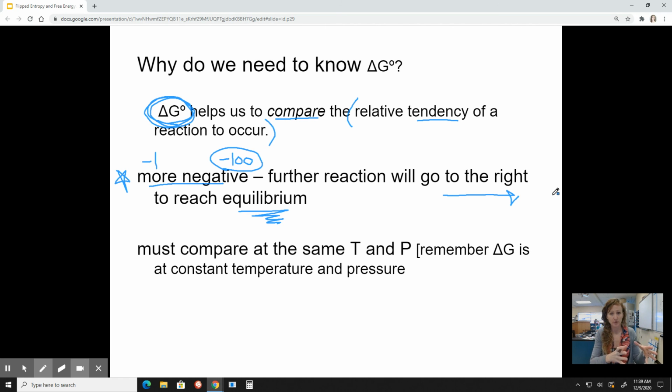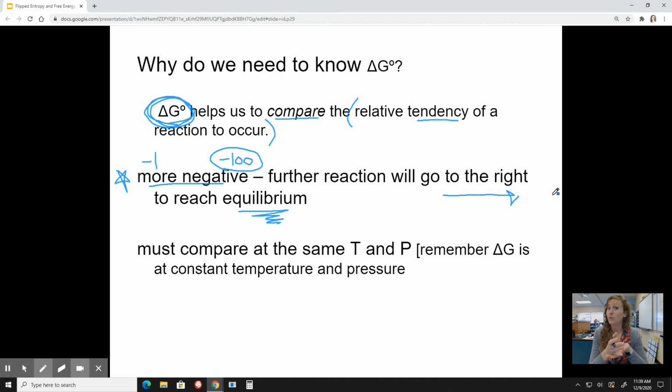If you use up all your reactants and you have only products left, that would be completely to the right. But let's say your reaction stops in the middle for some reason and you have only made 50 cookies.